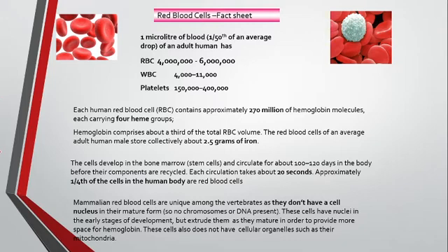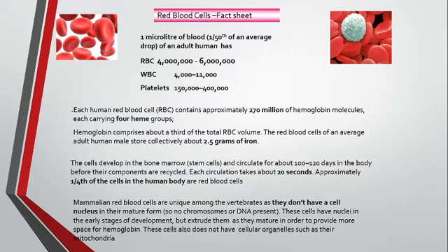In 1 microliter of blood present in an adult human, there are about 4 lakh to 6 lakh RBCs, WBCs of 4,000 to 11,000, and platelets of 1,50,000 to 4 lakh.